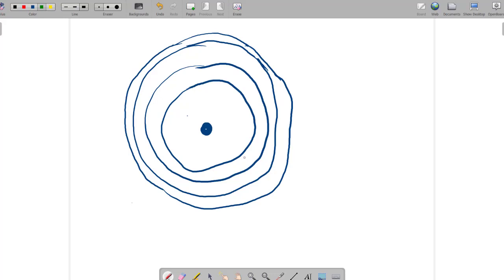The first shell is K. The maximum number of electrons is 2. Think of this as a specific route where only 2 vehicles can move, likewise. The next level is L, where there are 8 vehicles, or 8 electrons.